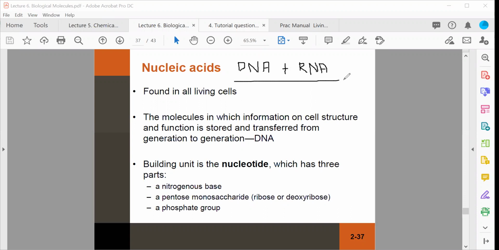All right, so now that you know that, can anyone tell me why viruses are not considered to be living organisms?